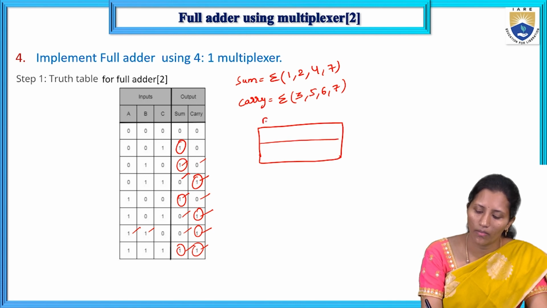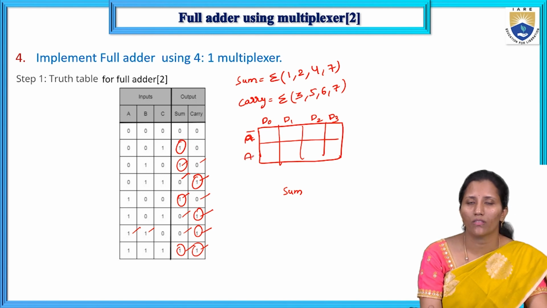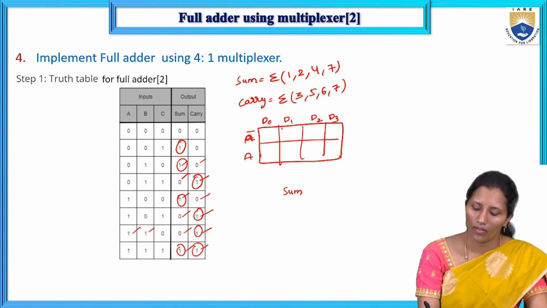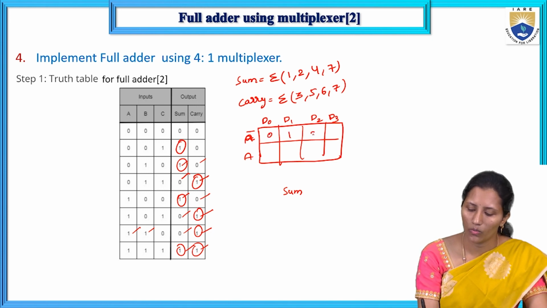For the 4:1 multiplexer we have to take 4 inputs: D0, D1, D2, D3. I am doing the sum here, with A bar and A, because the 4:1 multiplexer has 2 selection lines while here we have 3 variables. So B and C are used as the selection lines, and we take the inputs in terms of A. Here 0, 1, 2, 3, 4, 5, 6, 7.